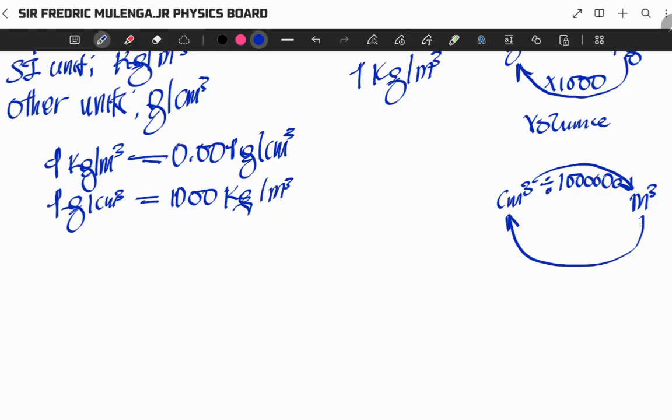If you are moving from meter cubic to centimeter cubic, you multiply by 1 million. So take this into mind.